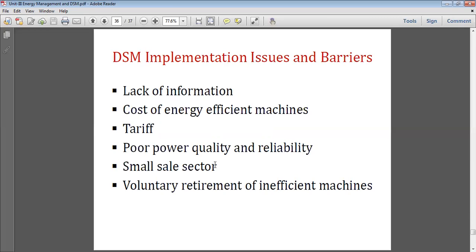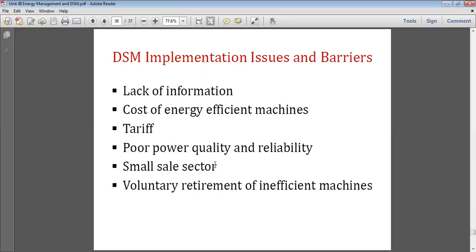First is the lack of information. This is very common. Number of consumers, especially small scale industries, power looms, very small industries, or some manufacturing units or servicing units, are not bothered about electricity bills.